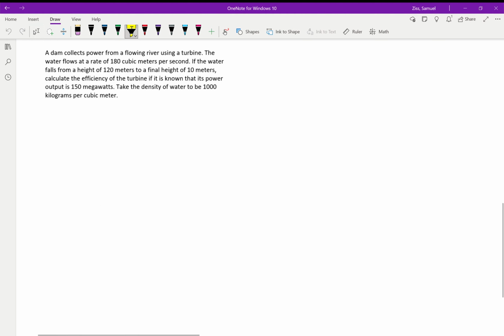Our ultimate goal here is to calculate the efficiency of the turbine. I'll start by writing down the pieces of information that were given to us. The statement says that the water flows at a rate of 180 cubic meters per second.